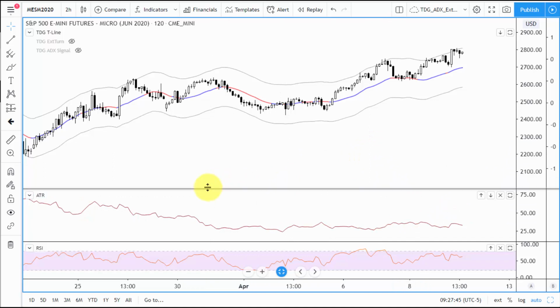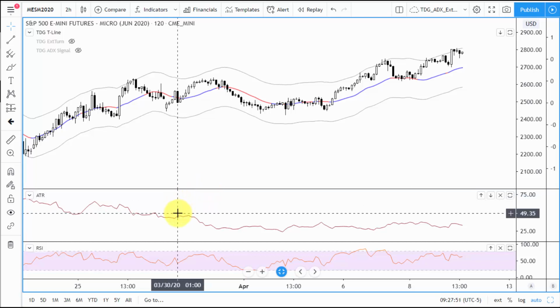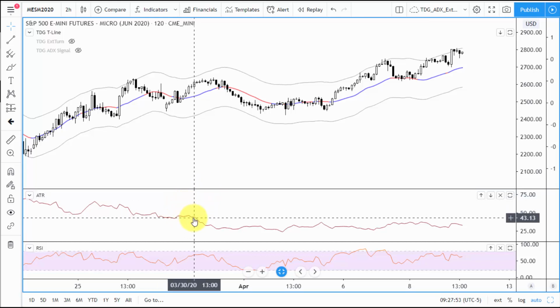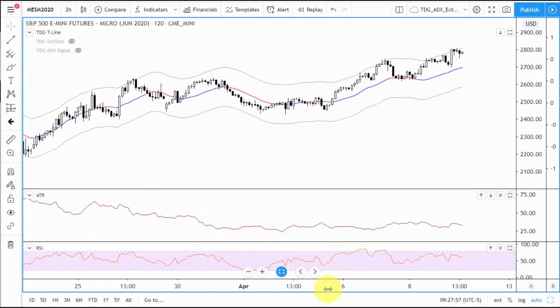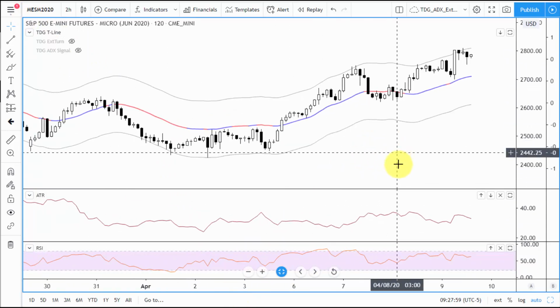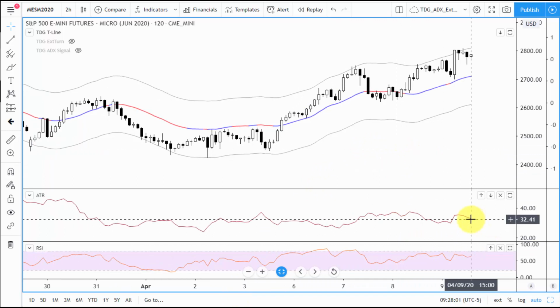Average true range just gives us an idea of what is the average range of the last 14 bars in this particular series. I'm in the micro S&P 500, and you'll note that the average true range to the right is 32.41. So that's 32.5 points.